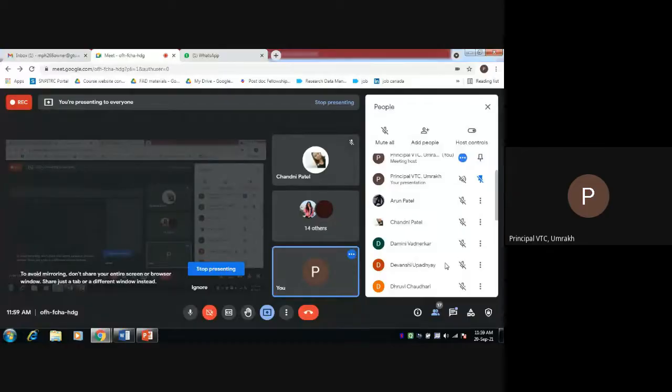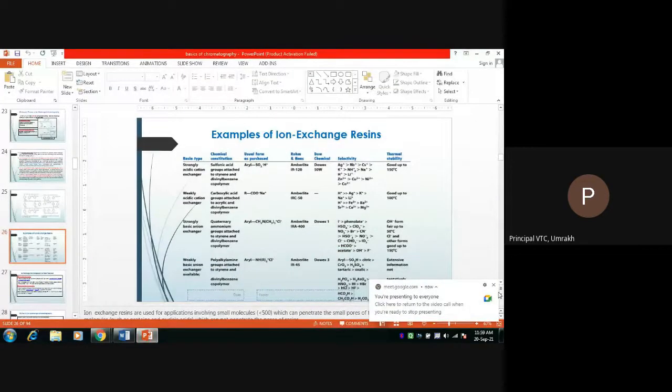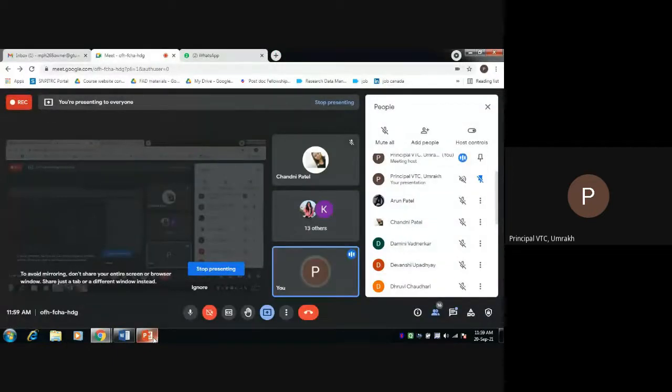Cation exchange resins are examples. Anyone can tell me if you know: what is a cation exchange resin?